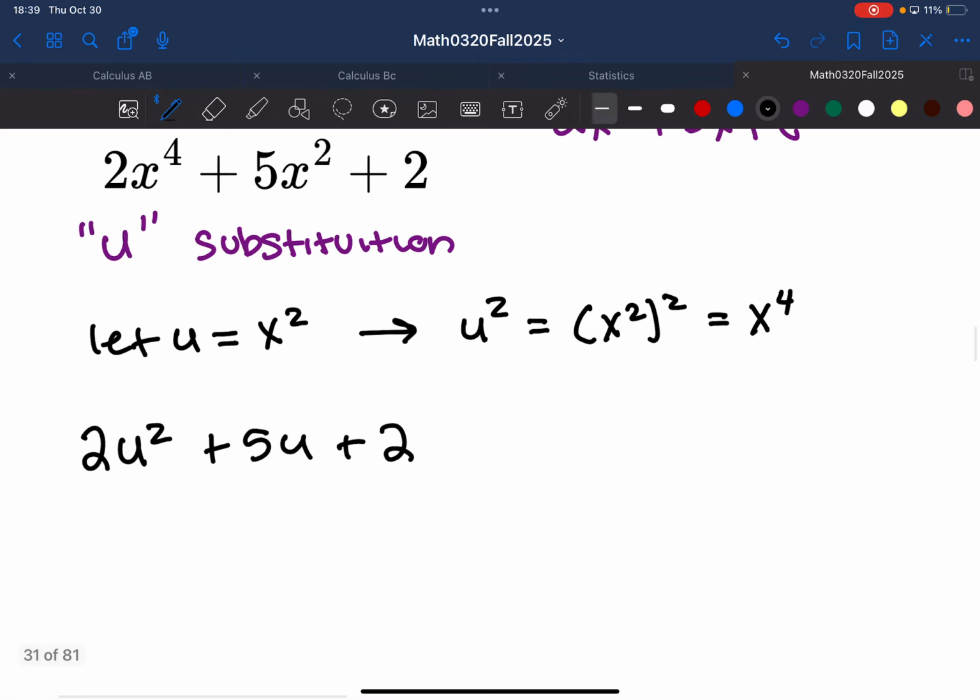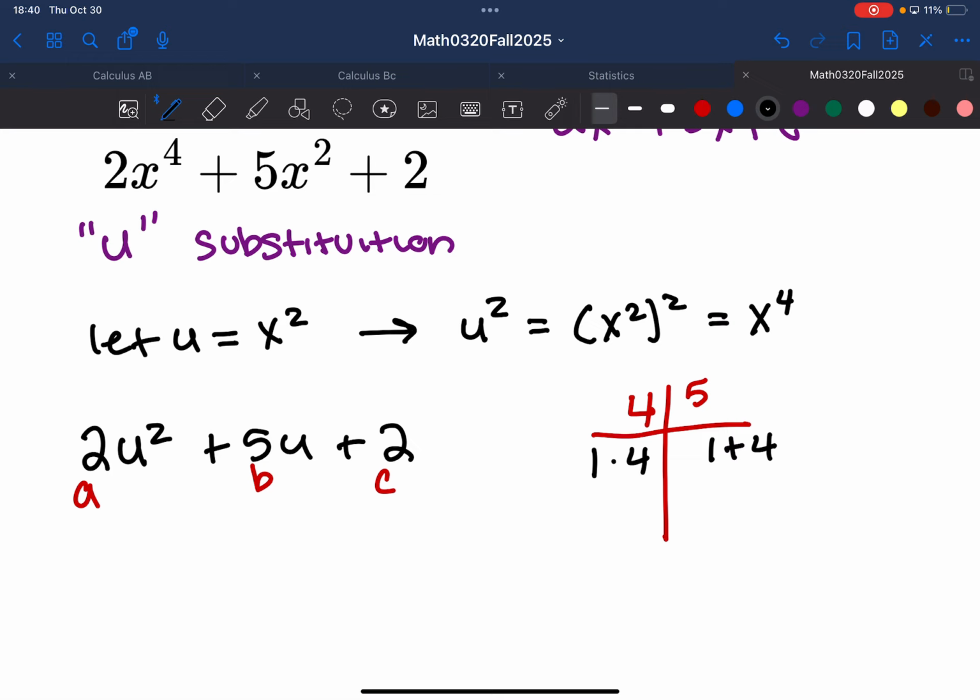So we're going to go through our same process. So this is A, B, and C. So A times C would give us 4. And then our B value is 5. So what are 2 factors of 4 that would add to 5? 1 times 4, good, because 1 plus 4 is 5.